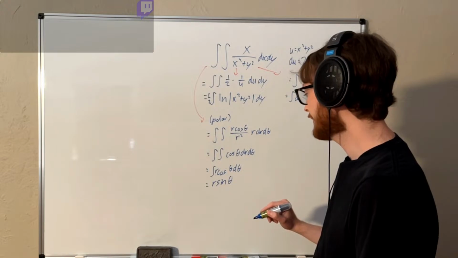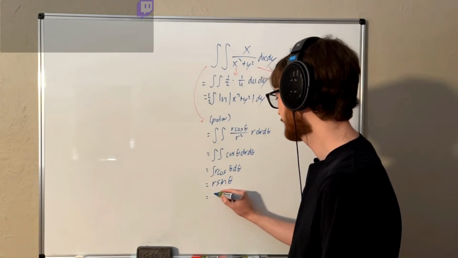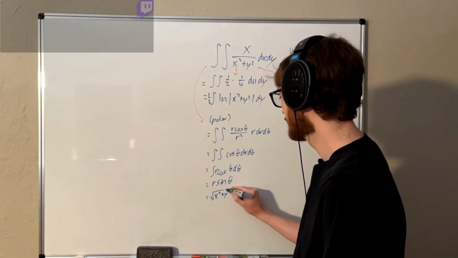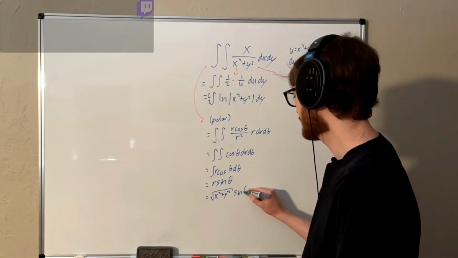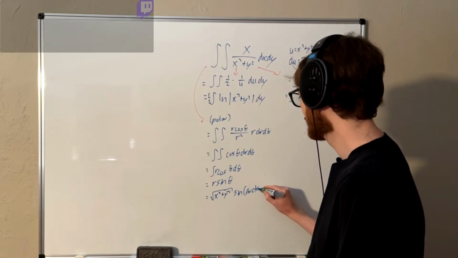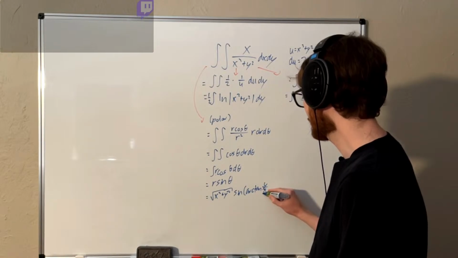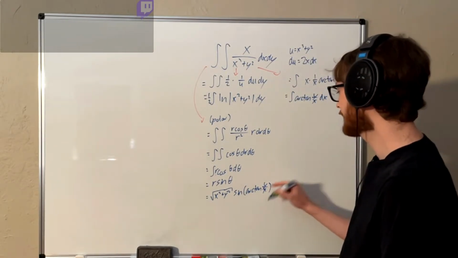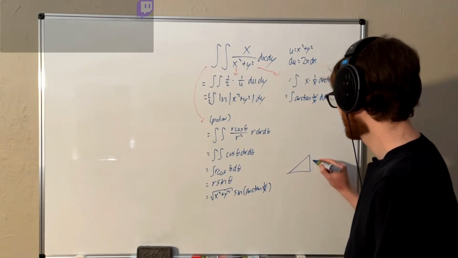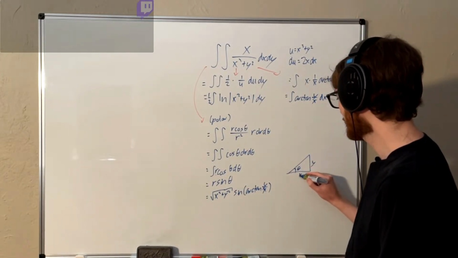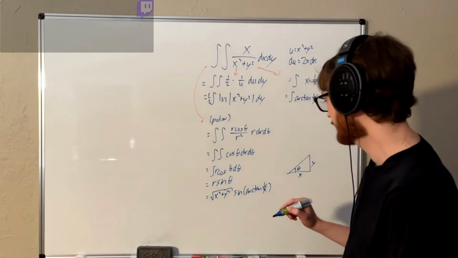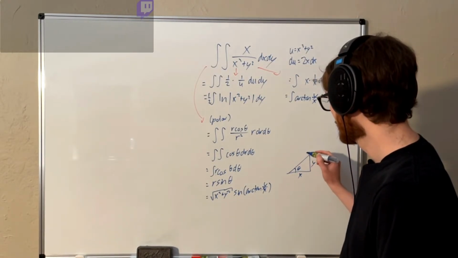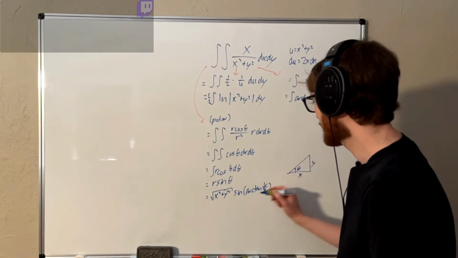And now we do have to unsub, which means r is root x squared plus y squared, sine, and theta is arctan y over x. And we can simplify that. Arctan is opposite over adjacent, and so sine of this theta is opposite over hypotenuse.